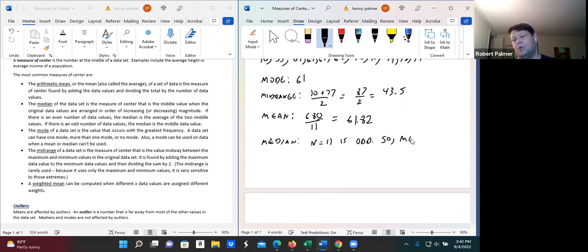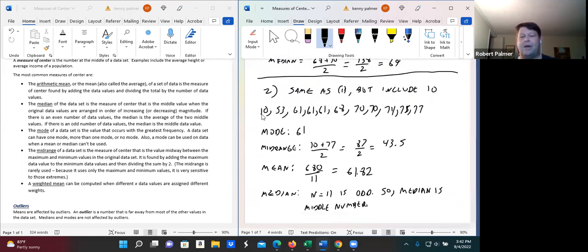So the median is the middle number. So we just go through and find the middle number. So now we have 11 values. So if we count off the first 5, 1, 2, 3, 4, 5. We have the last 5 here, 1, 2, 3, 4, 5. So the middle number is actually 68. So that is our median.